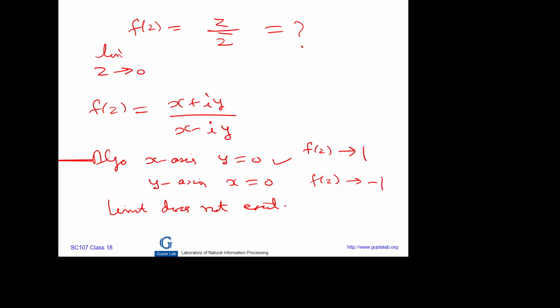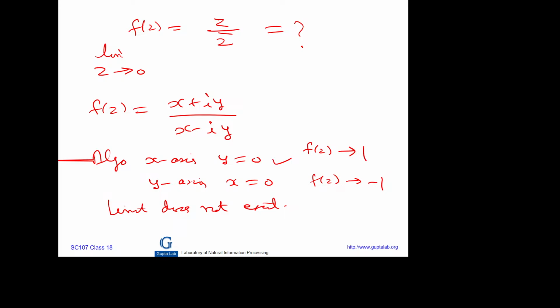Then we say that the limit as z tends to z0 of f of z is w0 if and only if the following double limits exist: the limit as (x,y) approaches (x0,y0) of u(x,y) is u0, and the limit as (x,y) approaches (x0,y0) of v(x,y) is equal to v0.